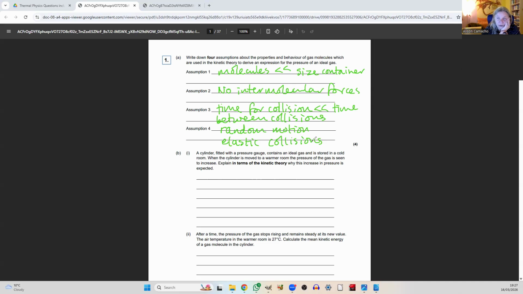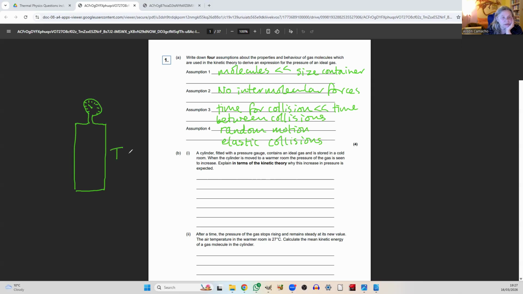Okay, so you did pretty good. Then we've got a cylinder fitted with a pressure gauge. So let's draw our cylinder with a pressure gauge. It contains an ideal gas and it's stored in a cold room.